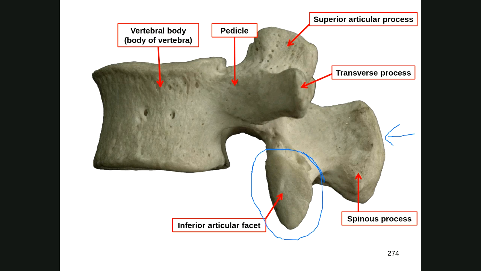And one part of those questions is going to ask you what region of the spine this vertebra is found in. It'll have an arrow pointing to the spinous process. It'll want you to name that, and then it'll want you to name what region of the spine this vertebra is from. So you need to be very familiar. I don't want you to lose points on that.